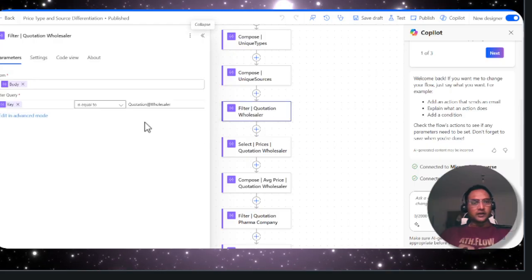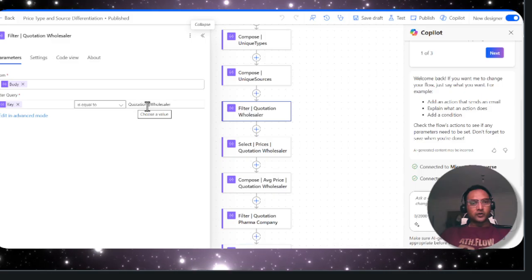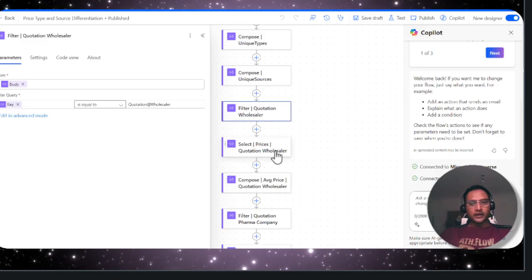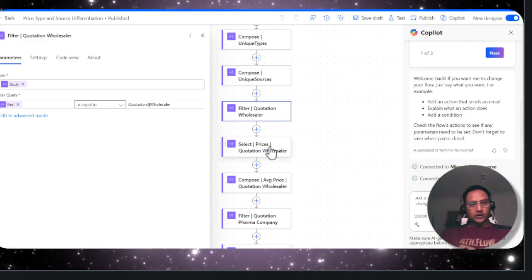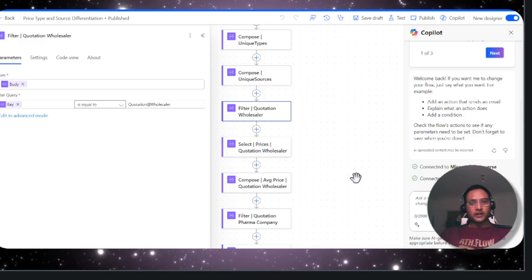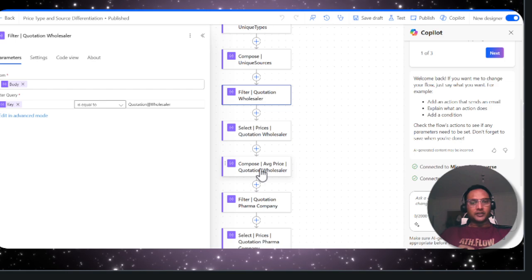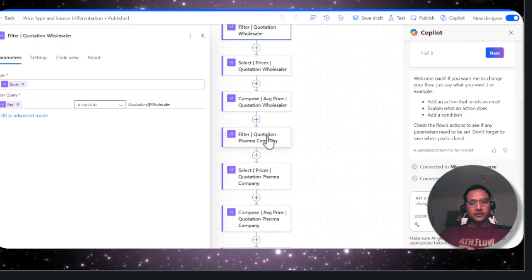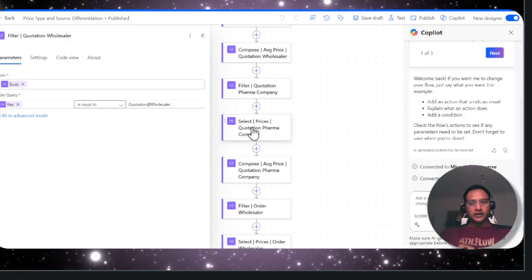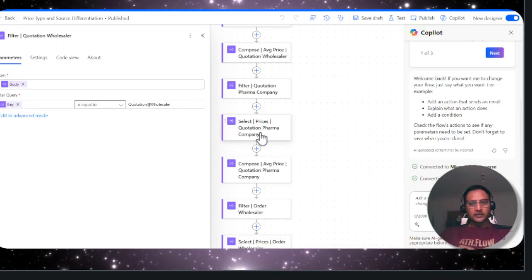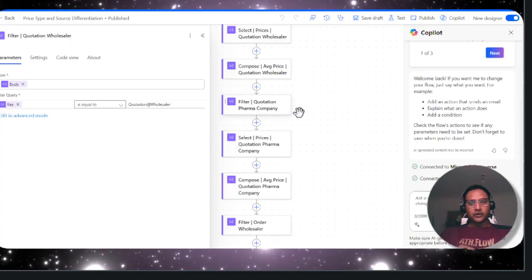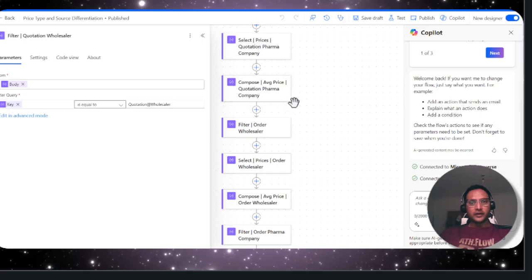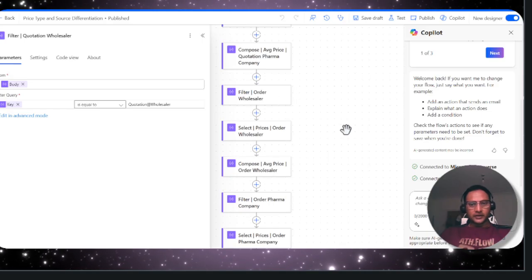Now, if you see, this one combination is quotation and wholesaler, where I'm getting the key value for it, consolidating all the prices for this particular combination, and then averaging it out for quotation and wholesaler. Similarly, this is quotation and pharma company, and this is the same action which I'm doing for different combinations, arriving at an average price for each combination.